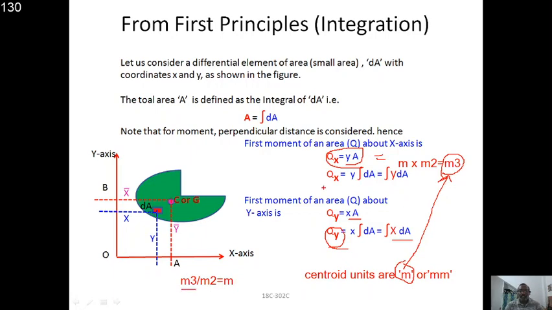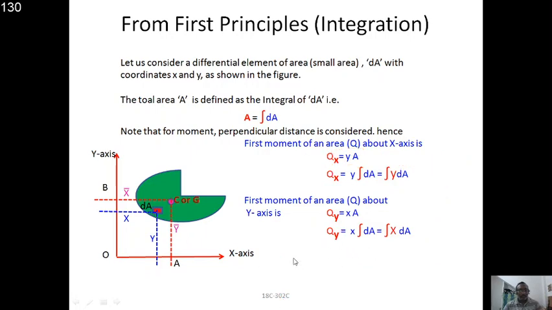Meter cube is the Q, Qx or Qy. What is meter square? It is nothing but area. So divide the Q value by the area, and you will get the centroid value. Therefore Q by A gives the centroid value, either Cx or Cy. To get the centroid, I need to divide the moment of area by the area.